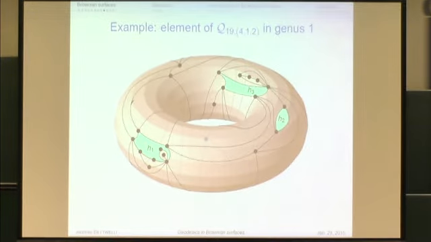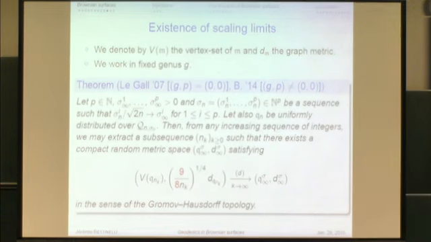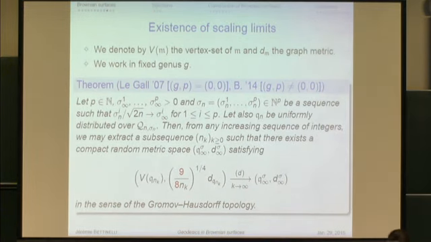Okay, good. So the first result is the following. It's basically a weak version of the first result I recalled by Jean-François Le Gall and Grégory Miremont, which says that, okay, you want to look at the scaling limit of maps like this.